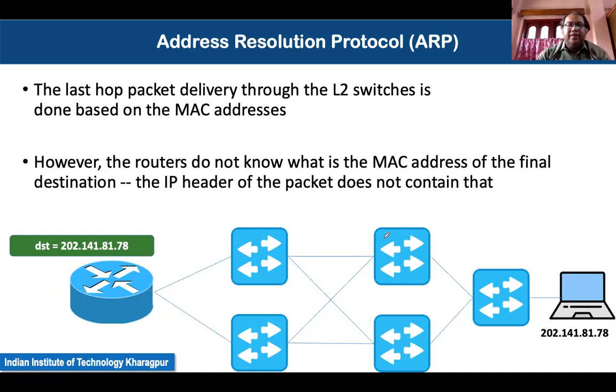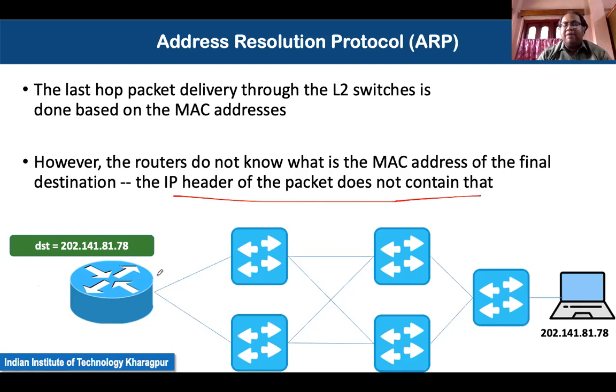Now, the last hop packet delivery through the L2 switches is done based on the MAC address. Because you know that these L2 switches only run up to the data link layer. That is why they cannot understand IP addresses, or the processing of the IP layer. But the routers do not know the MAC address of the final destination, because the IP header of the packet does not contain that information.